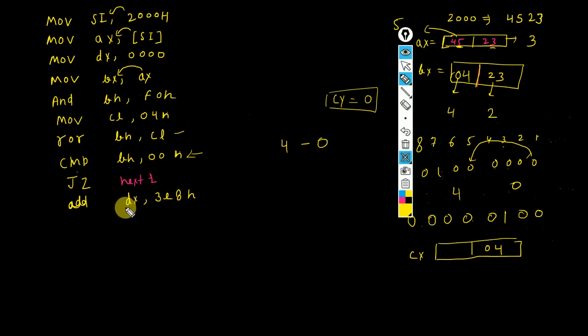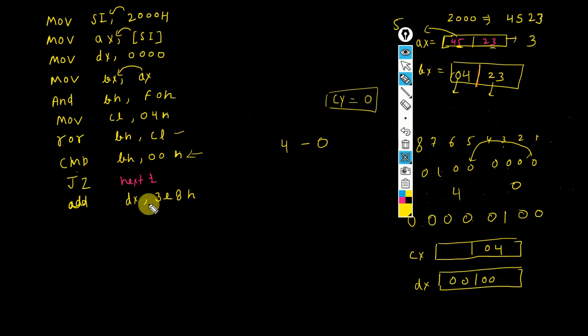Basically, in this instruction, we add the DX register with this number. The content of DX register is 000.